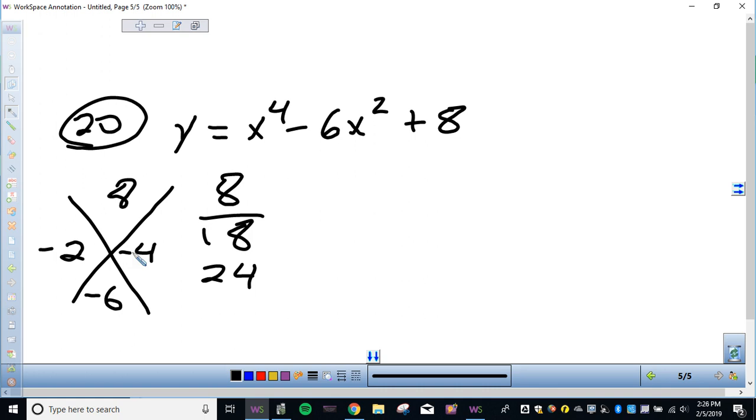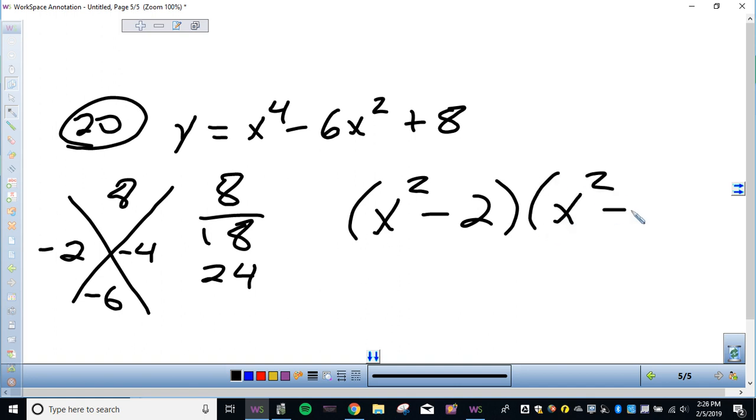So you know to do this when you have a 4, a 2 as the exponent, and no x here. The only thing that happens is you have x squared at the beginning of the parenthesis as opposed to just x. Then just set each one equal to 0 and solve for x.